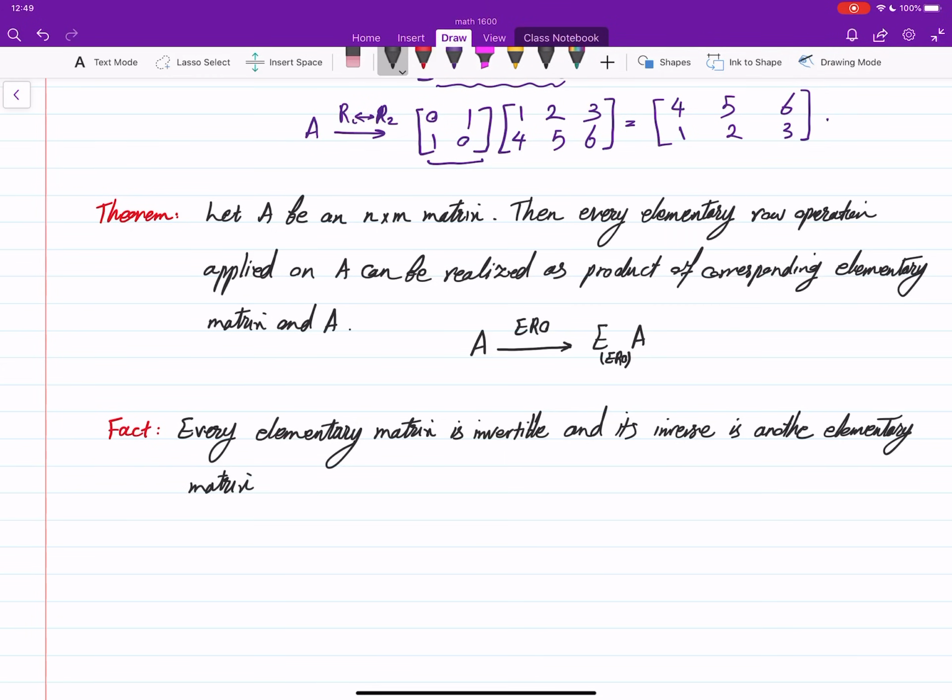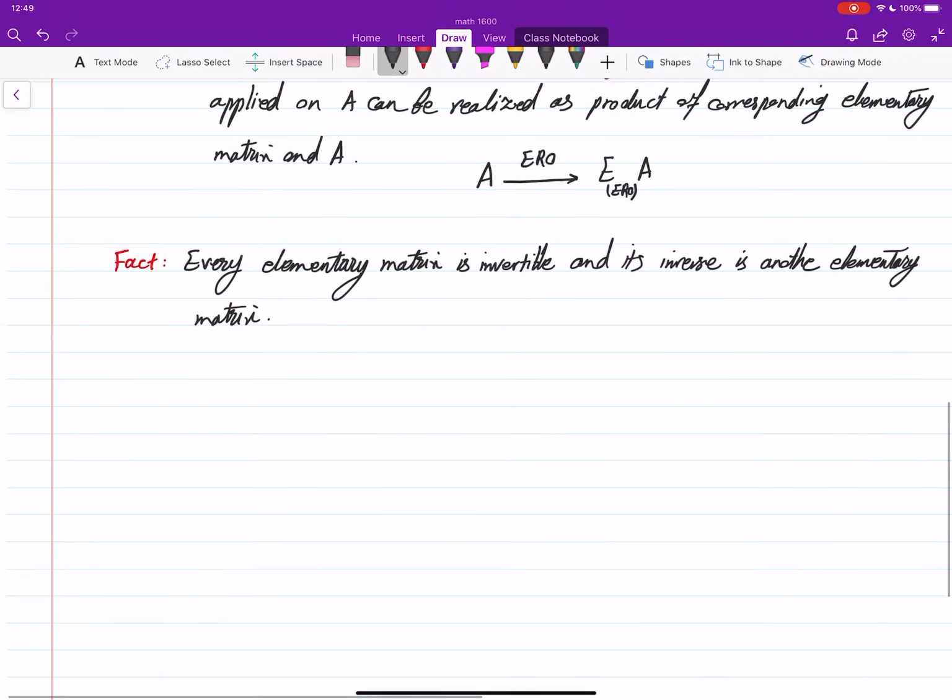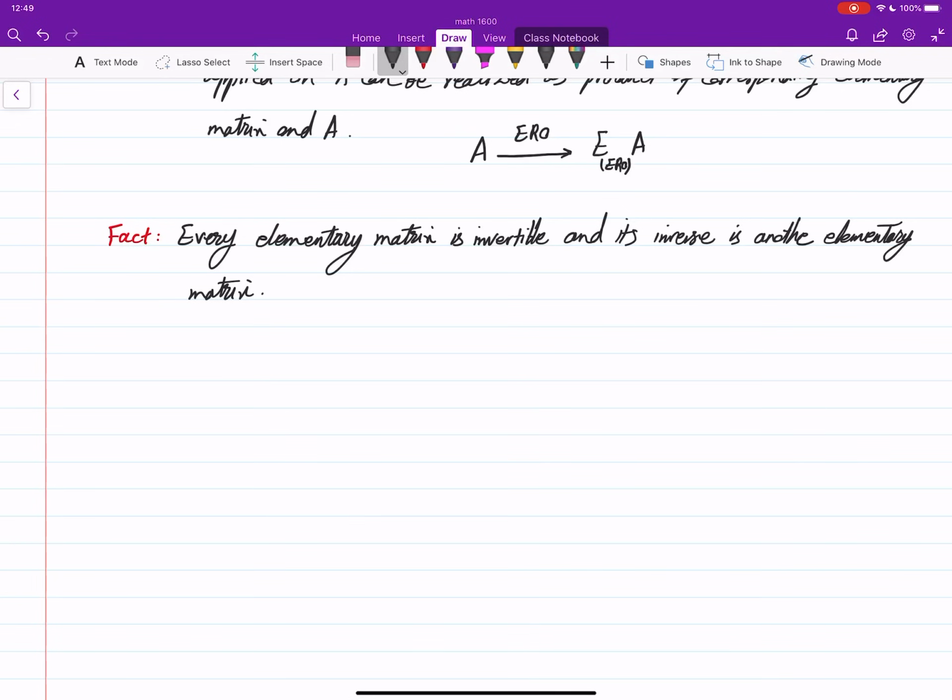The proof of this is easy, especially with the notation we chose here. Let's say we have an identity matrix and we apply an elementary row operation. Let's say we multiply row i by c. Then what we generate here is E of cRi.